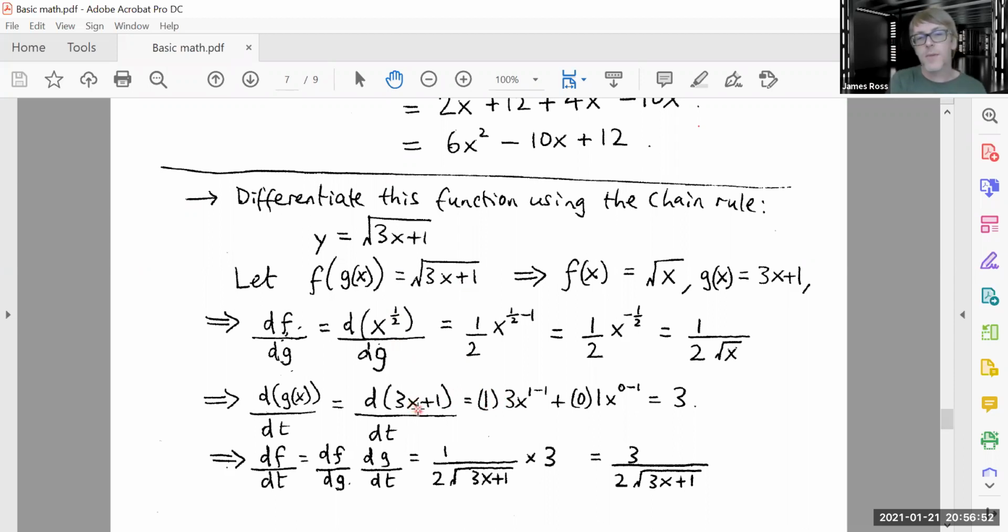The x to the 1 comes down as a coefficient, and we have x to the 1 minus 1. Well, that's just 3x to the 0, which is just going to become 3 multiplied by 1, which is 3. And then the second term, the 1, is just a constant. There is no x, so we can say it's 1 multiplied by x to the 0. The 0 comes down and it kills the term. So we're just left with the number 3.